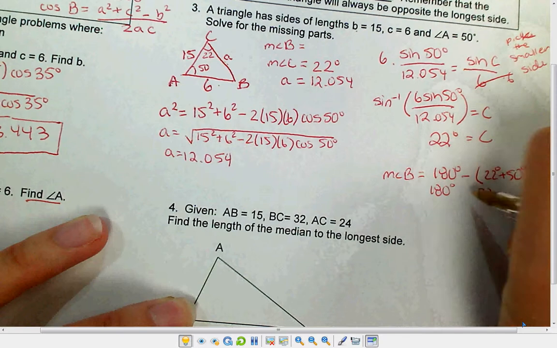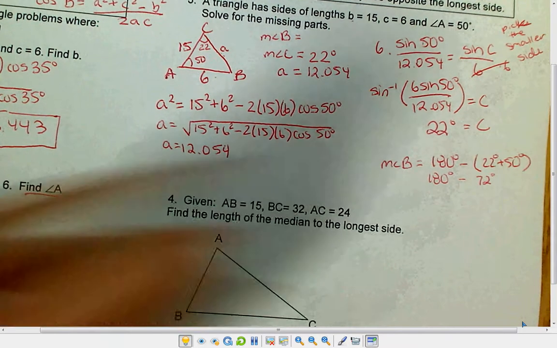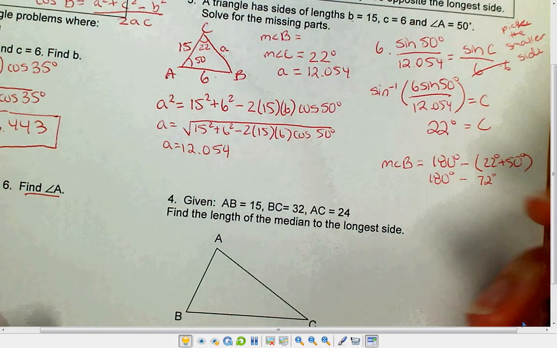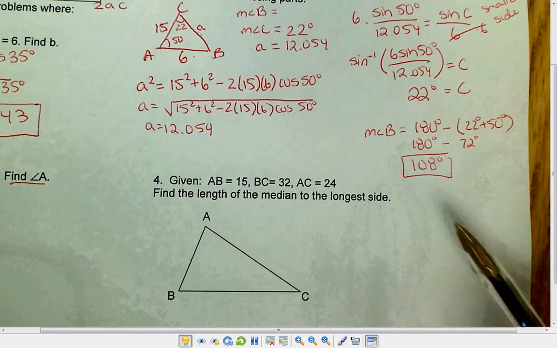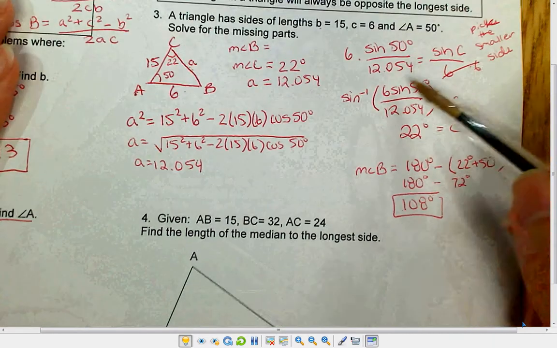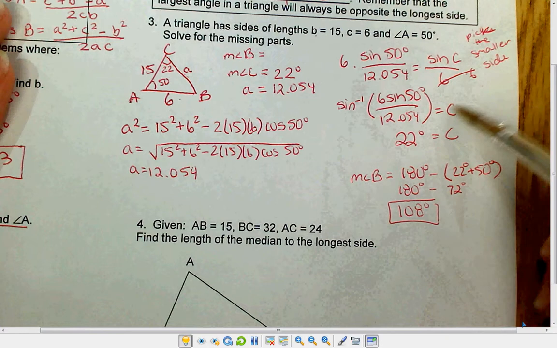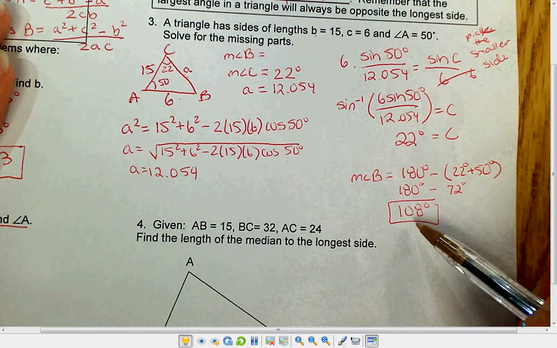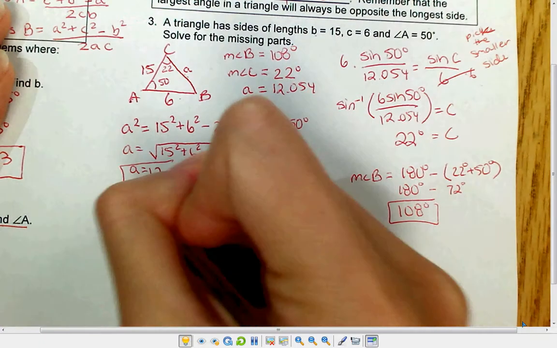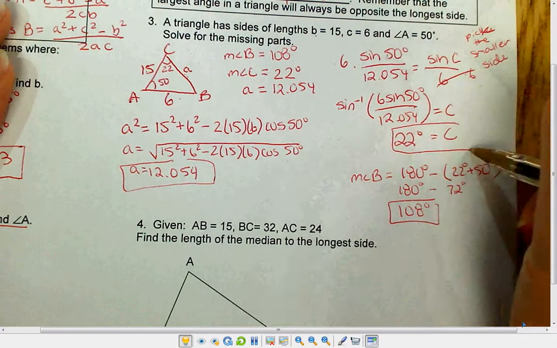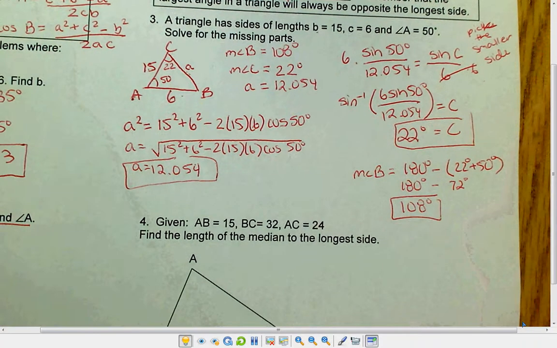And 180 degrees minus 72 gives us 108. So notice angle B is indeed obtuse, which is why we could not use the law of sines, because if we did law of sines, we would not have gotten this answer, because sine cannot tell between obtuse and acute angles.